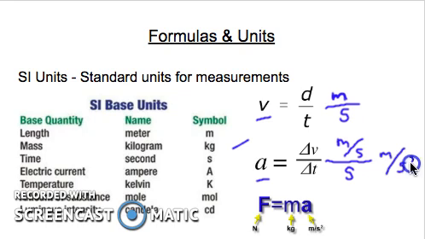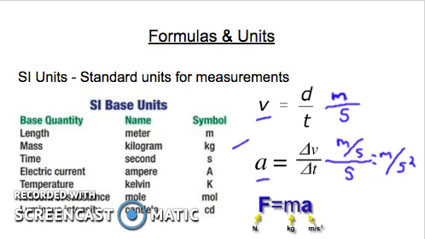Now, it's kind of hard to wrap your head around what a square second looks like, and my advice to you is not to. Don't try to wrap your head around what meters per second squared visualizes, or what the concept of it really looks like.